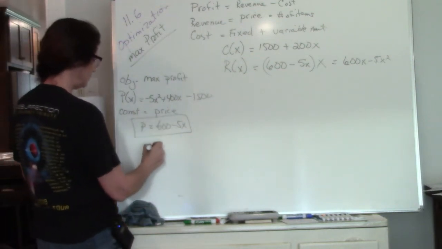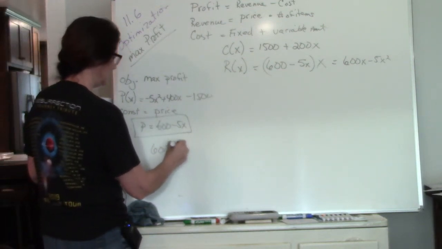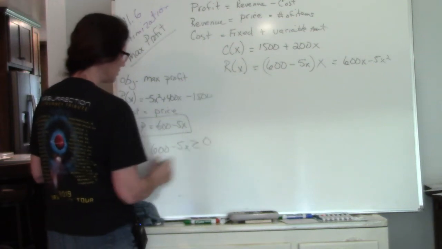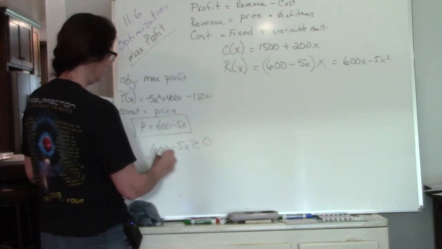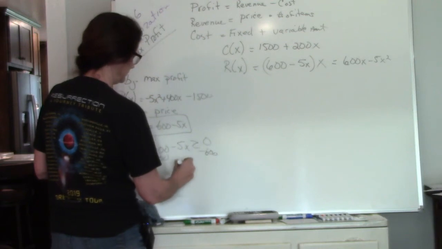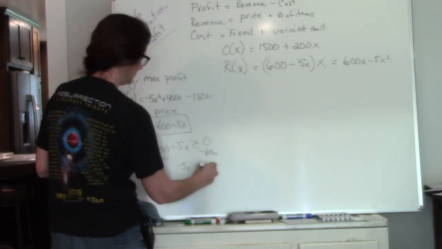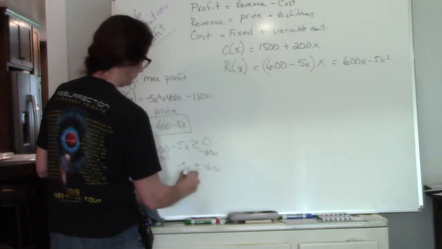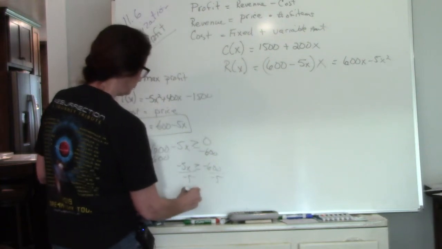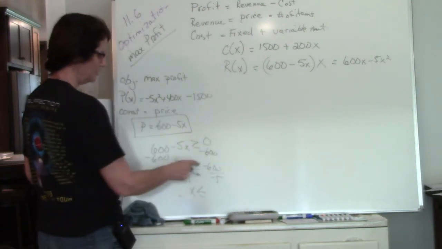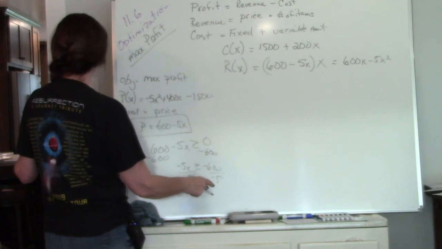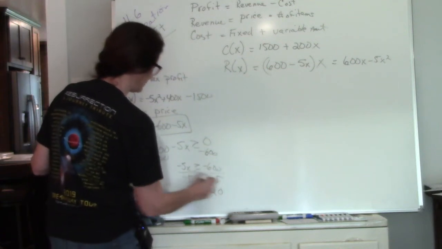I'm going to set my constraint greater than or equal to 0, and then solve. Divide by negative 5, flip your sign, don't forget. 600 divided by 5 is 120.